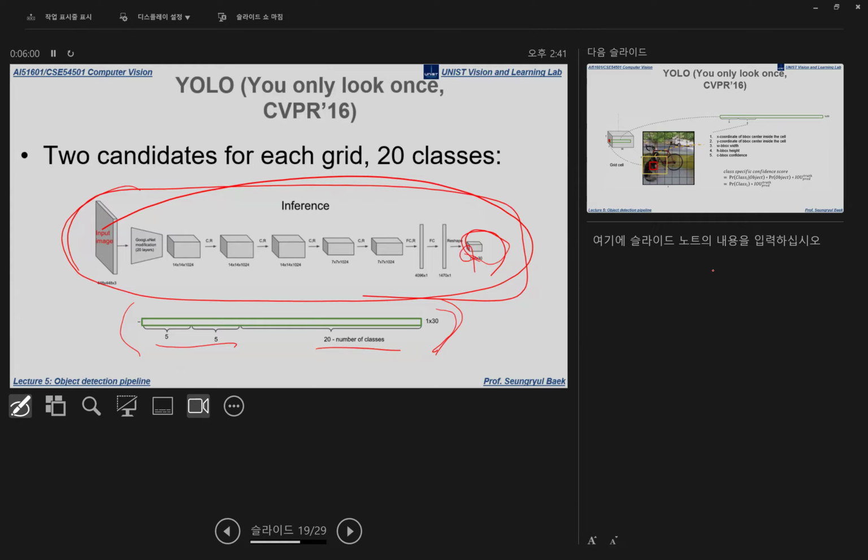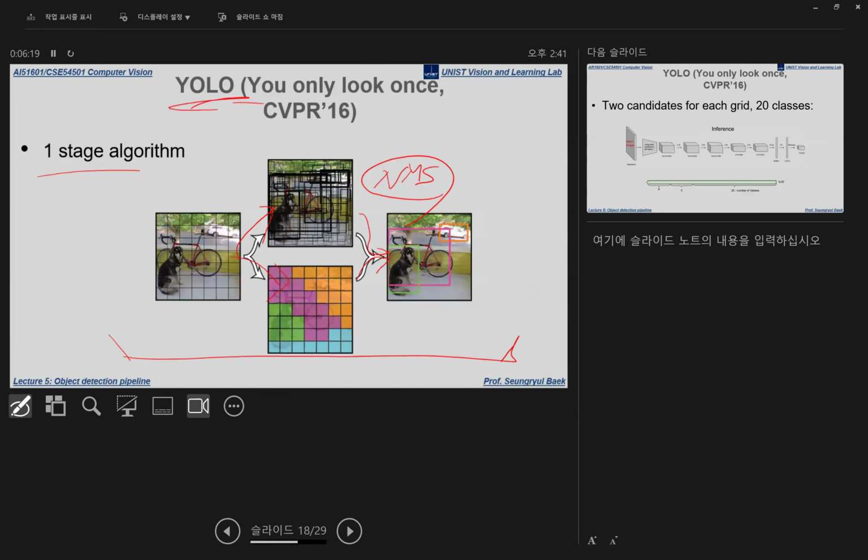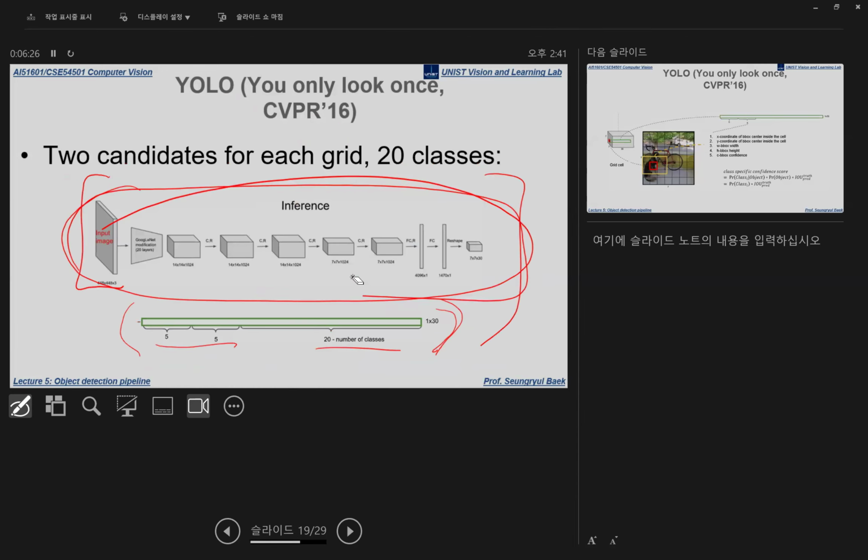It is 7 by 7 because it is obtained for each subgrid region. Are you following this? Also, this architecture is end-to-end trainable. By training it, we can achieve this output and then apply the NMS algorithm to filter out bounding boxes.